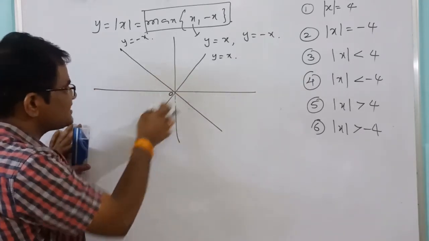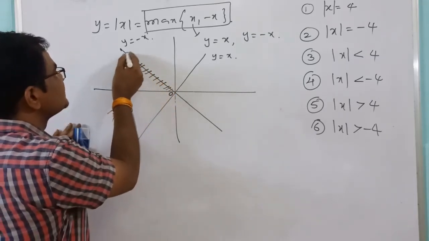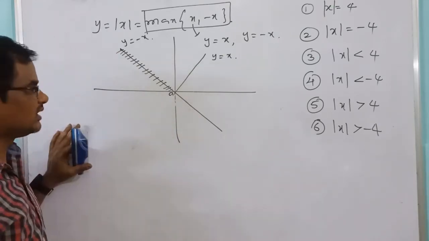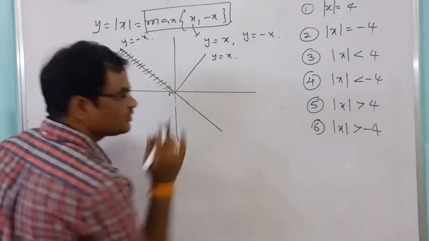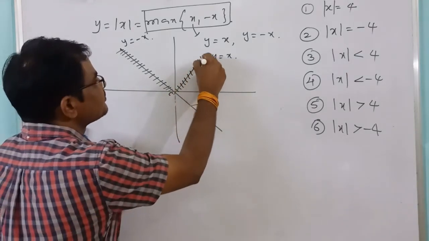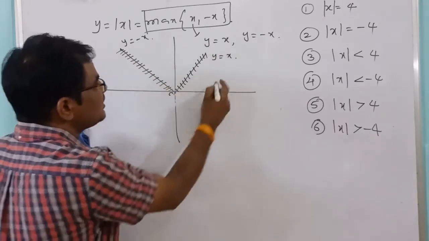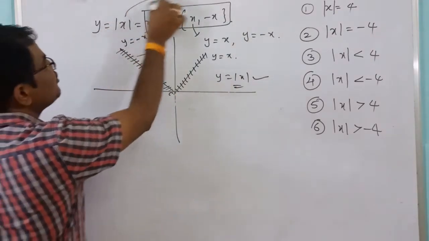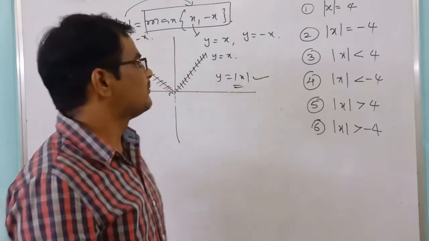In these two, which one is the maximum? This one is the maximum. We want only the maximum, so you remove this one. Next, for x greater than or equal to 0, which one is the maximum? This one is the maximum, so remove this one. Now this is nothing but y equal to mod x. So that's why y equal to mod x can also be written as maximum of x comma minus x.